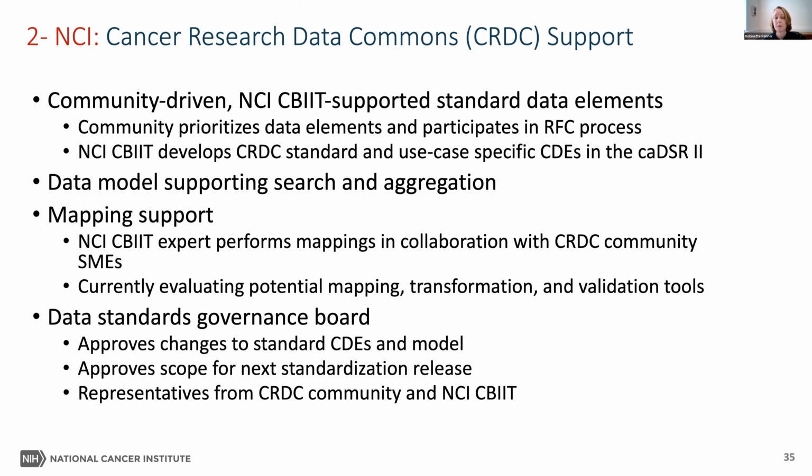But now we want to be able to aggregate data from all of those different data commons, getting data from the Genomic Data Commons and the Clinical Trials Data Commons. And the CRDC needs a little help in how we get all of that information together. So we are working on several different ways to support the CRDC. The first is developing those standard data elements.